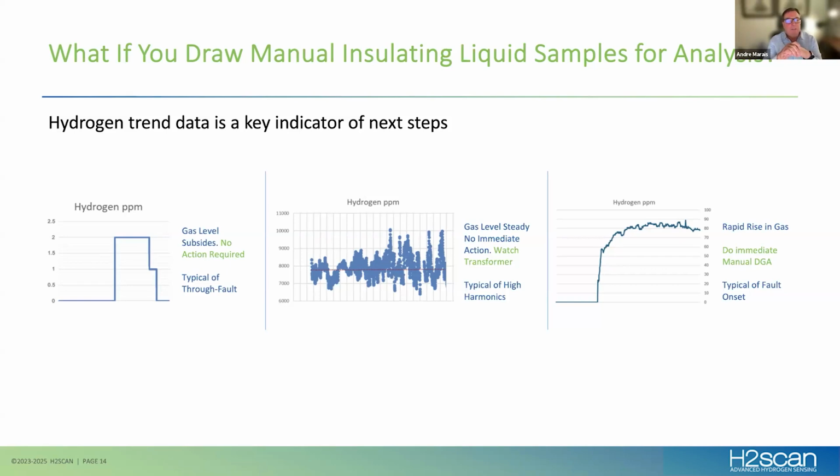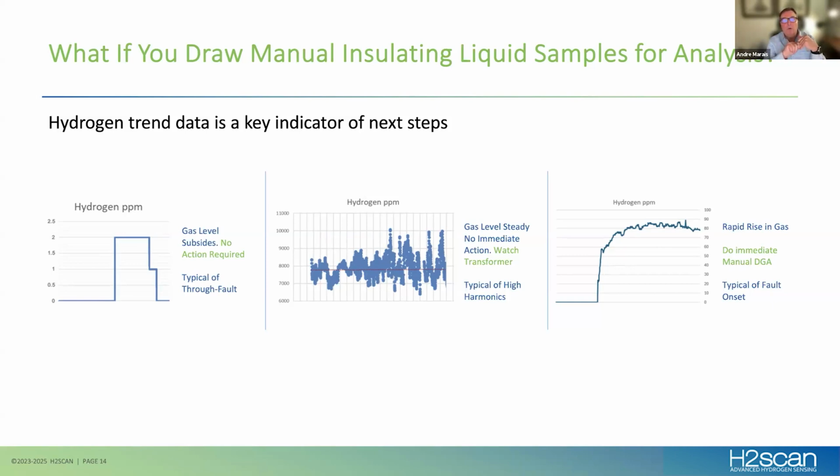The first, on the left, shows the hydrogen production. It was sudden, it ramped up, and over time it dropped off. It subsided. So now not only did we know we had the production of hydrogen, but because we've got trend data, we know that it dropped to 0 and that no further action was required. We'll keep an eye on it.